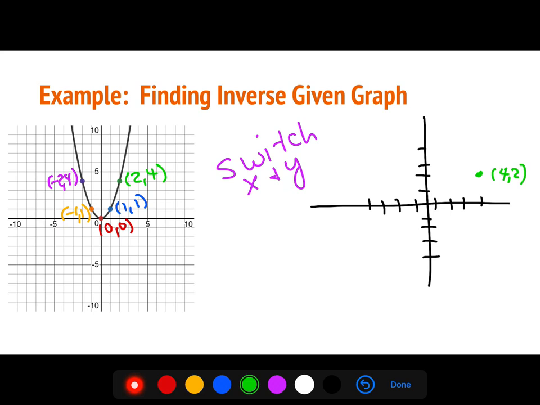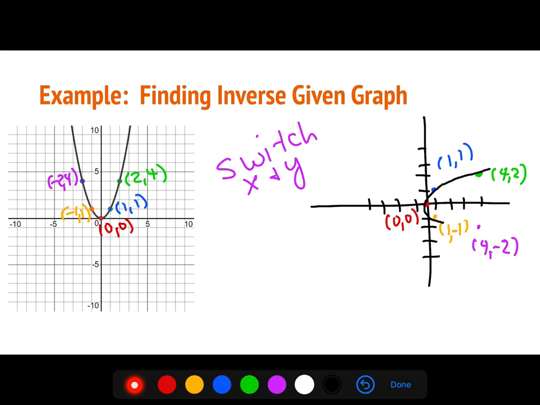So I'm going to go over 4, up 2 now. 4, 2. 1, 1, well, you switch 1 and 1, you still get 1 and 1. 0, 0, you still get 0 and 0. -1, 1 becomes 1, -1. And -2, 4 becomes 4, -2.